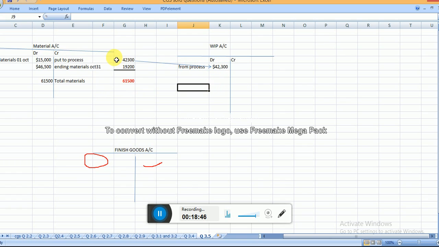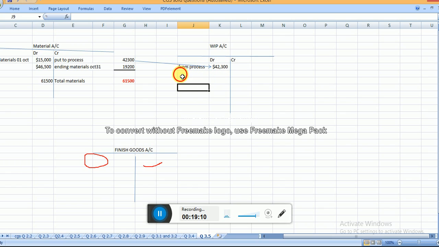So in material accounts we record these material on the credit side, and in the work in process we record this on the debit side. But we will check whether we have some work in process from the previous month or not.